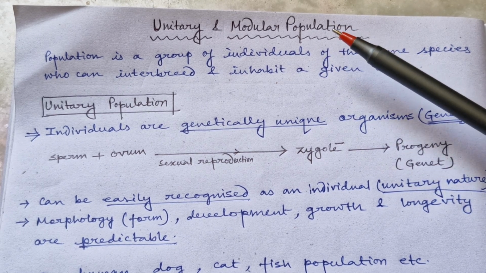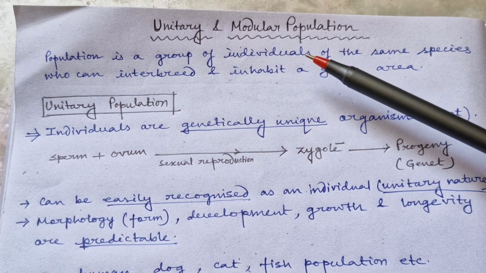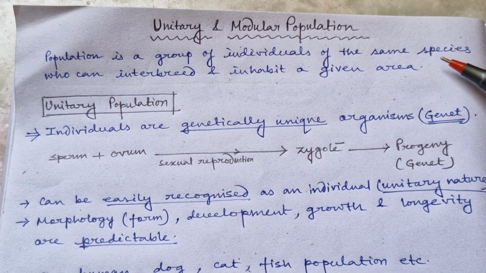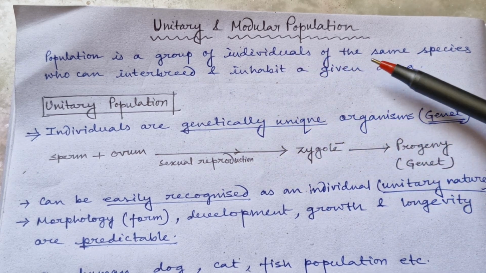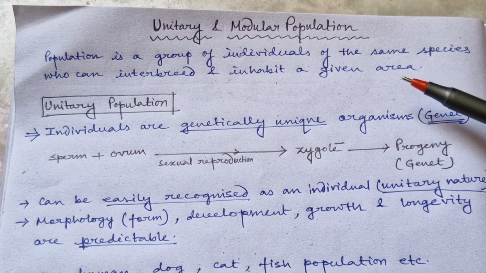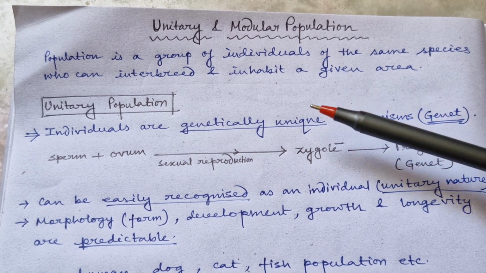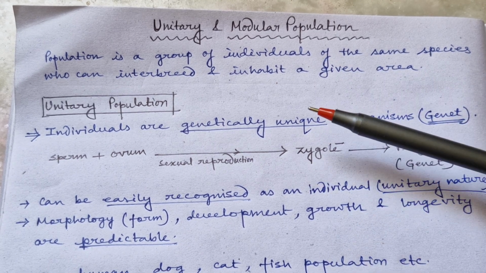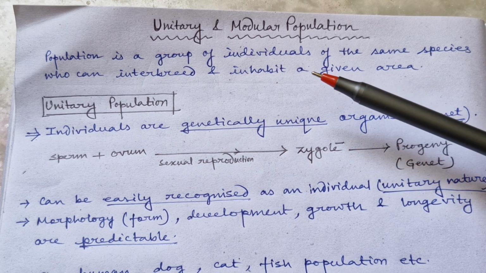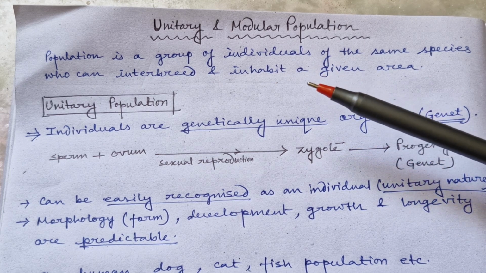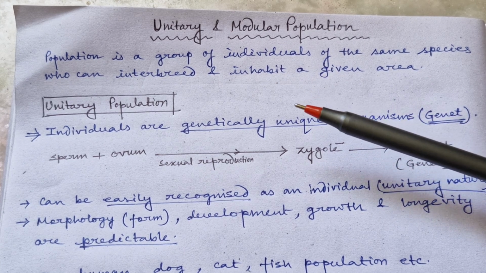See, what is a population? Population is a group of individuals of the same species who can interbreed and inhabit a given area. It is very easy to understand. Let's think about a human population, where all the individual humans are of the same species.